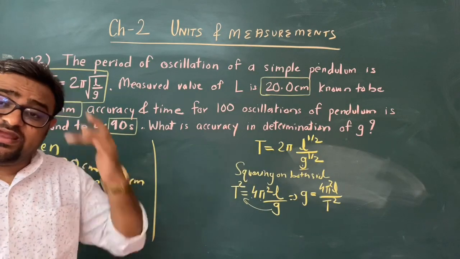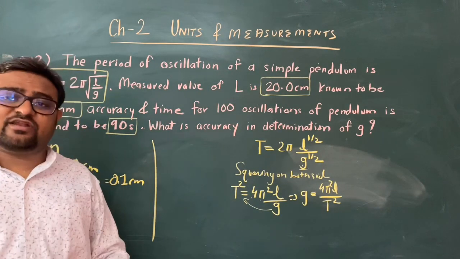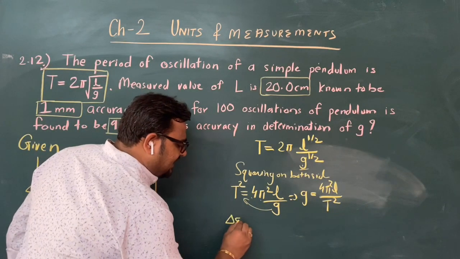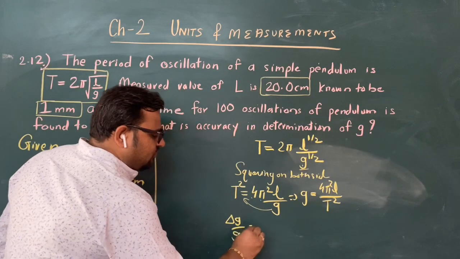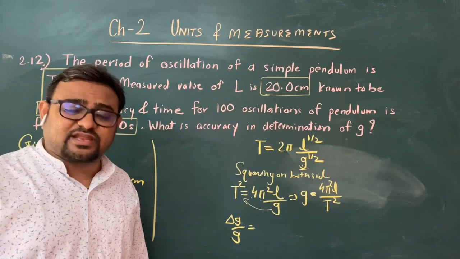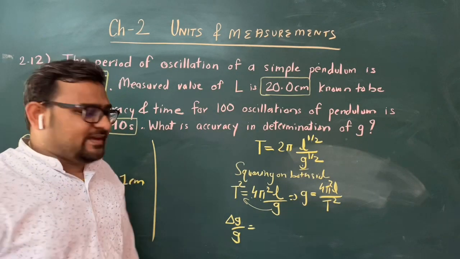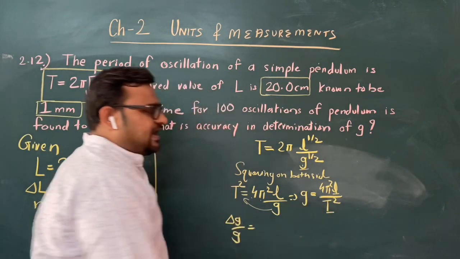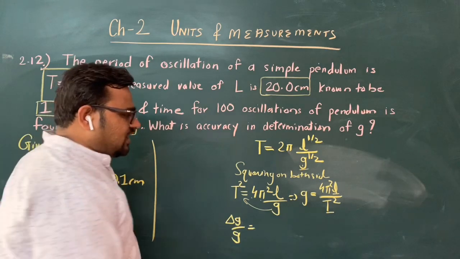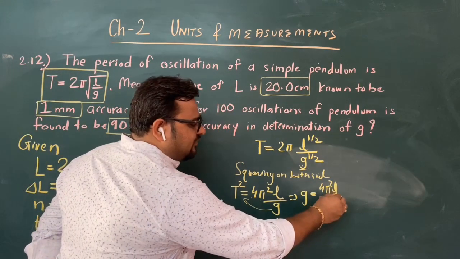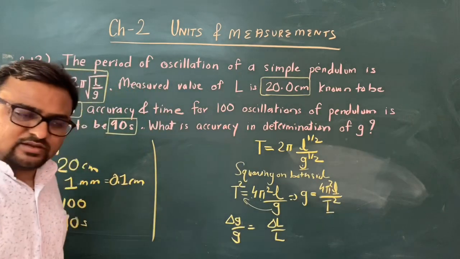Now to find the percentage error, first let's find the relative error. So what will be delta G by G? Error in a combination of multiplication, division and power. Which are the measured quantities here? Length and time. So I will use delta L by L. What is the power of L? 1.